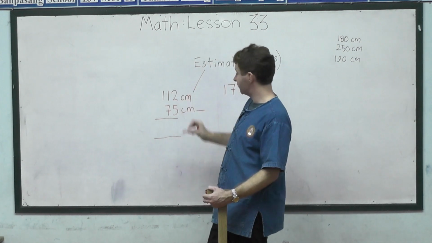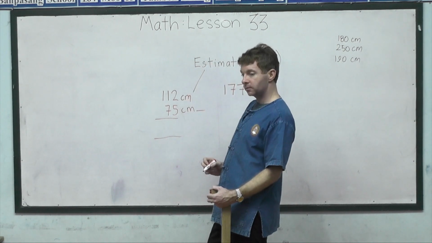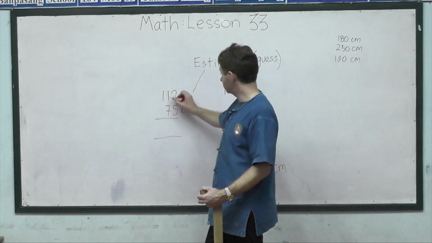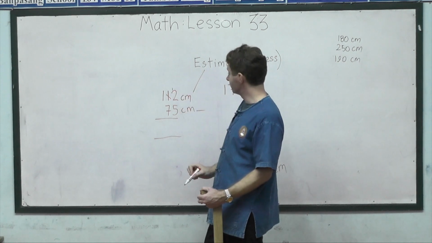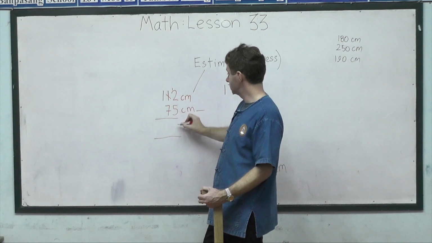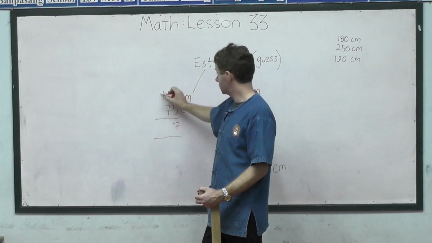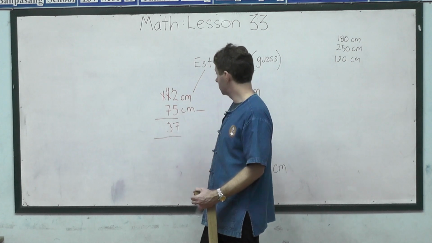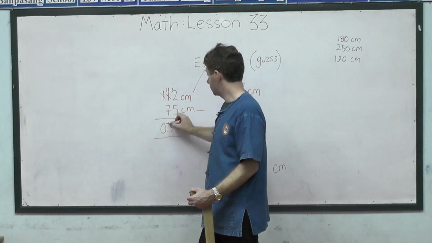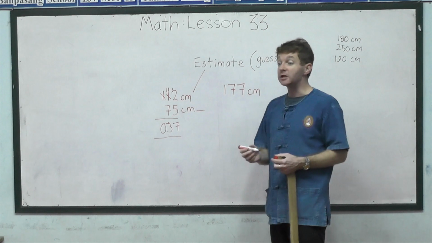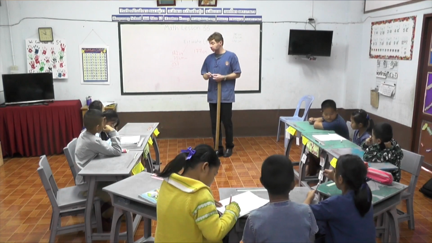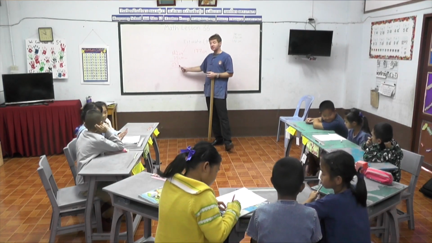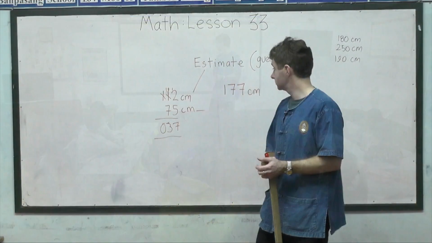Remember, 2 minus 5, can we do? No. So what do we need to do? We need to carry over the 1 or borrow the 1. So the difference between your estimate and the actual, 37 centimeters.